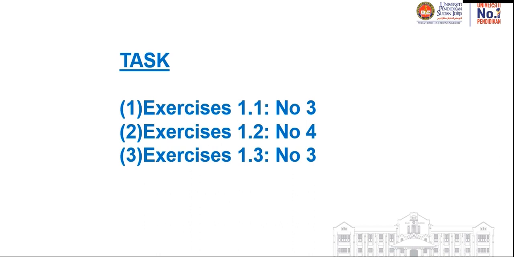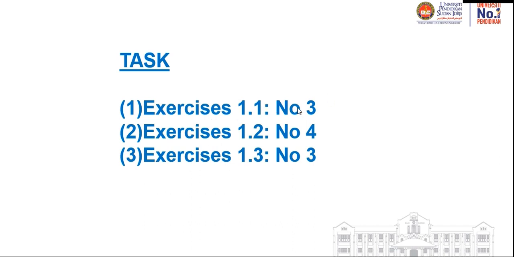So how do you submit to show that you attended or did the task? You just need to write down your name, metric number, and group, which is group C, and give me the link of the solution.